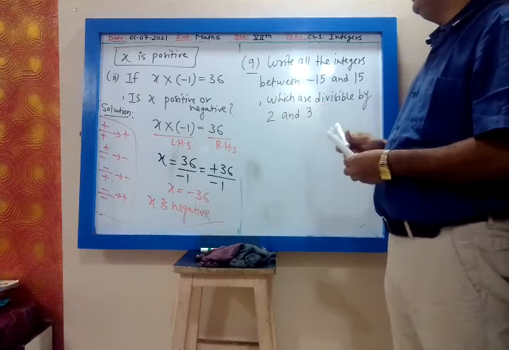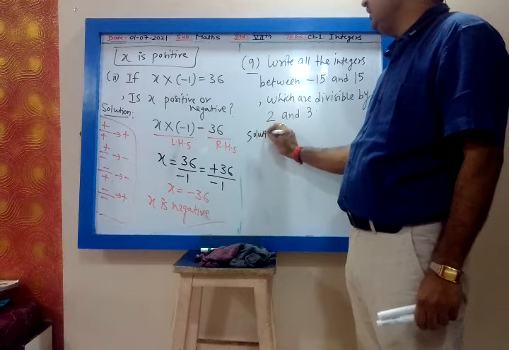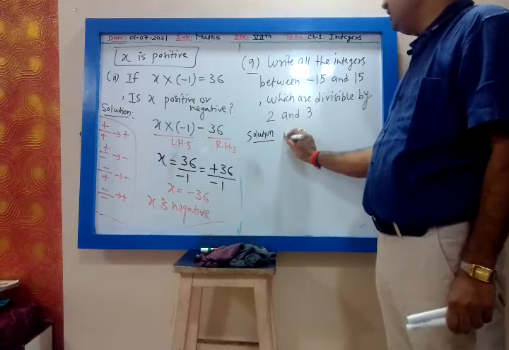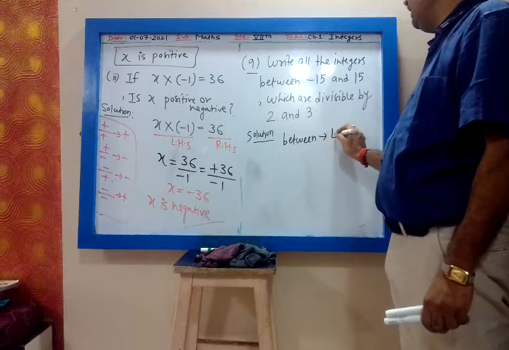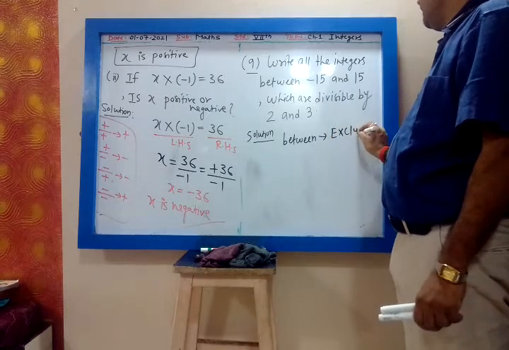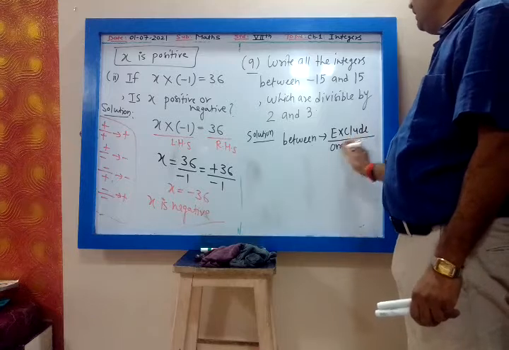Now in this, what you have to remember, see. Before we start, let me explain the concept. Between means you have to exclude or omit the end numbers.